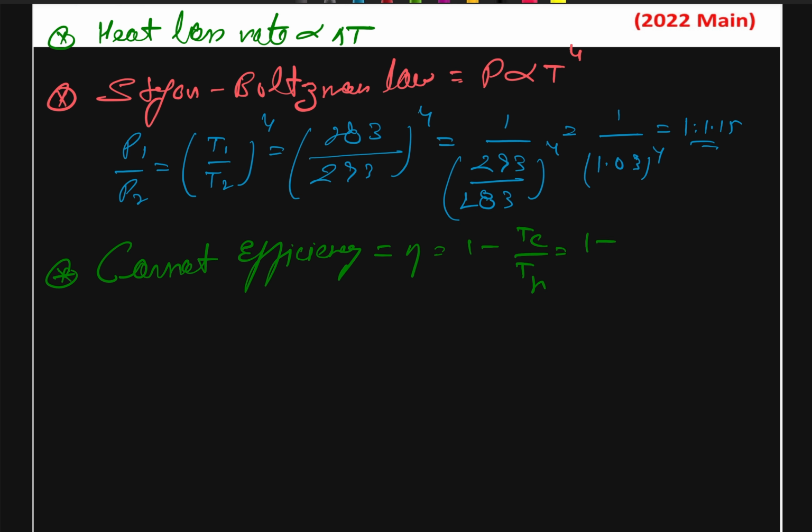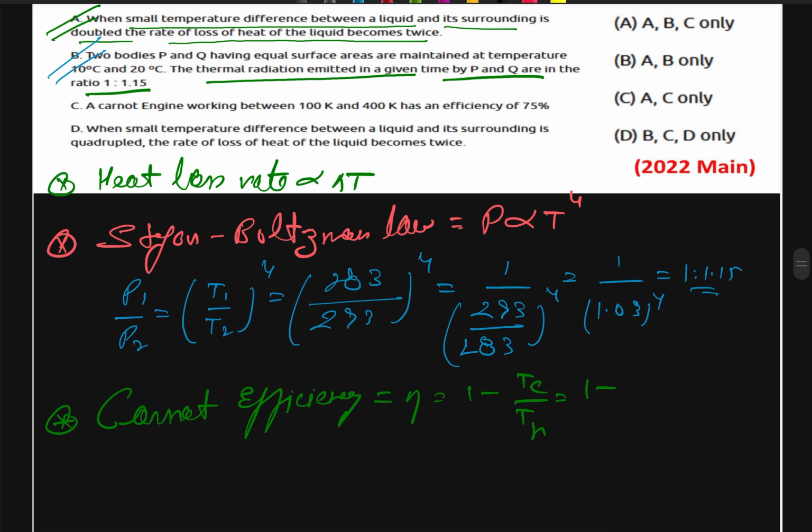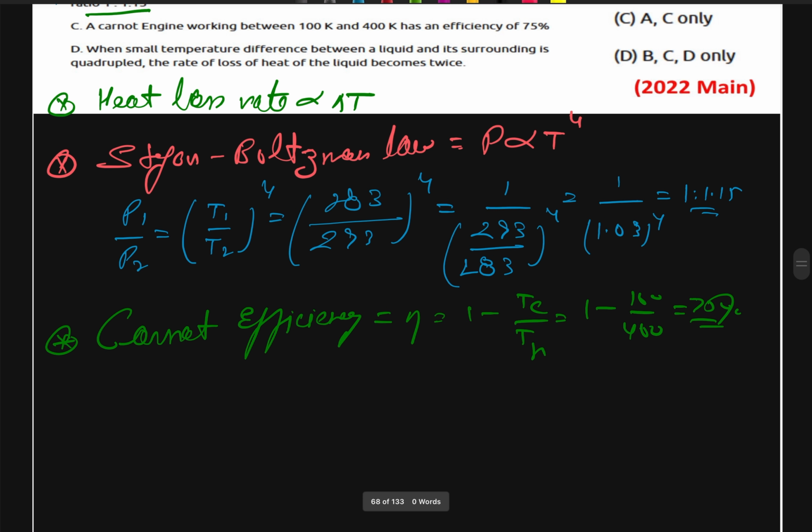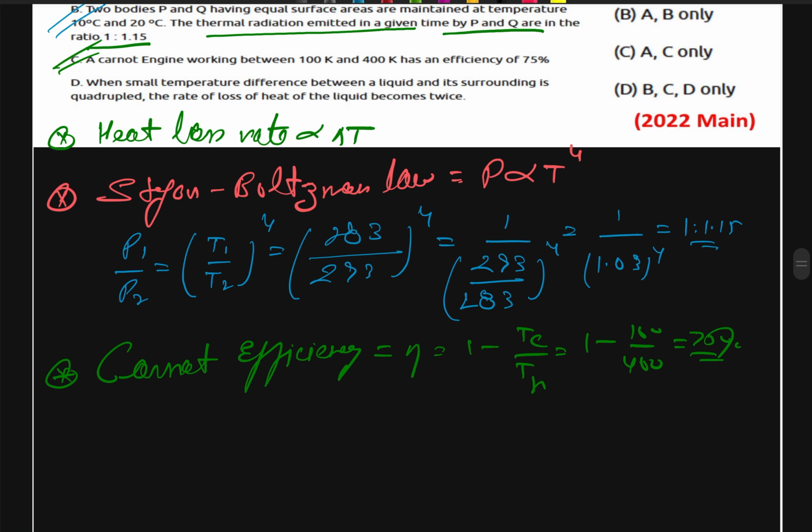So this is 1 minus 100 Kelvin over 400 Kelvin. So this comes as 100 upon 400, which will give us 75%. So C is also correct.